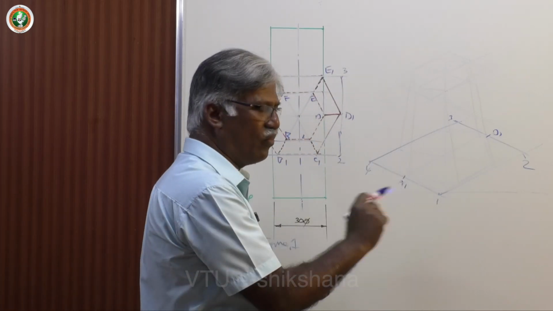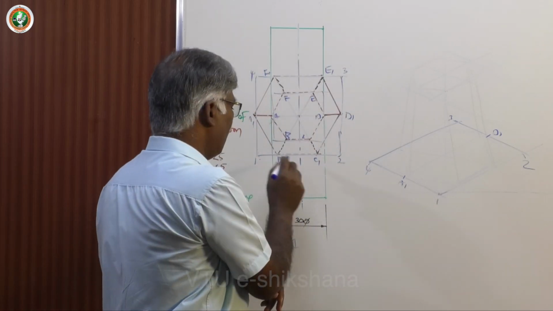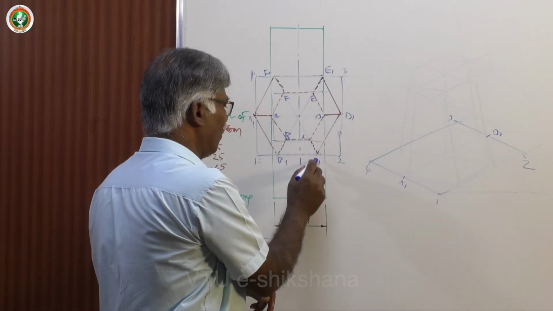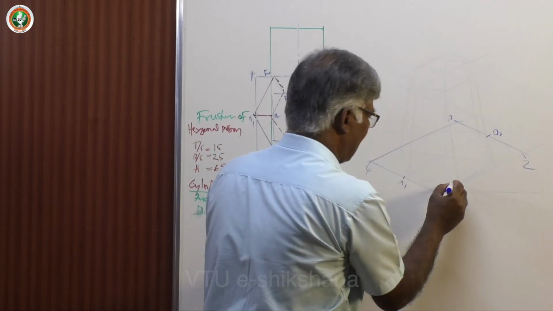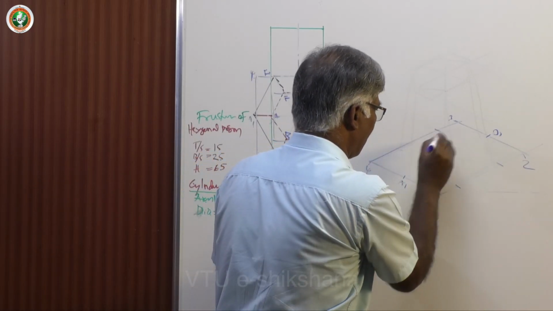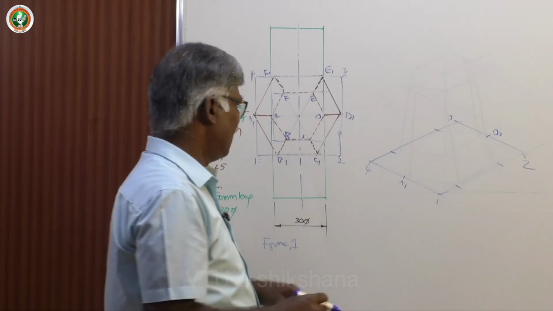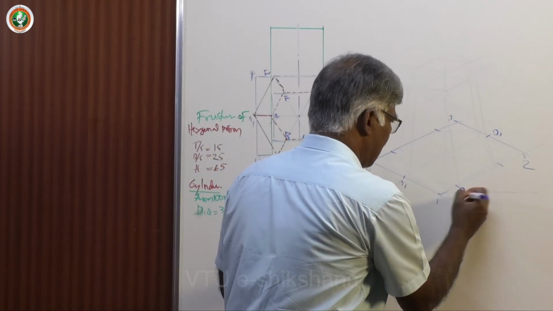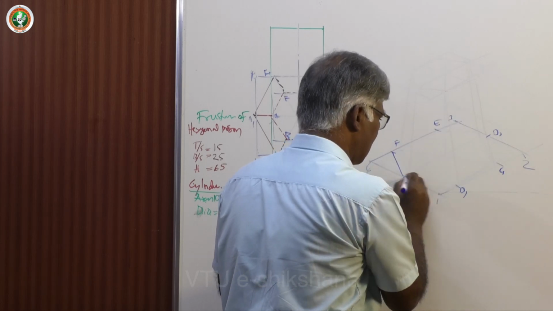In computer also, if you move the cursor, you will get it. Now B1 equal to B1, C1 equal to C1, 2, F1 4, E1 3. These things we have done in case of regular isometric projection of basic solids. This is B1, C1, D1, E1, F1. Join all these in order.